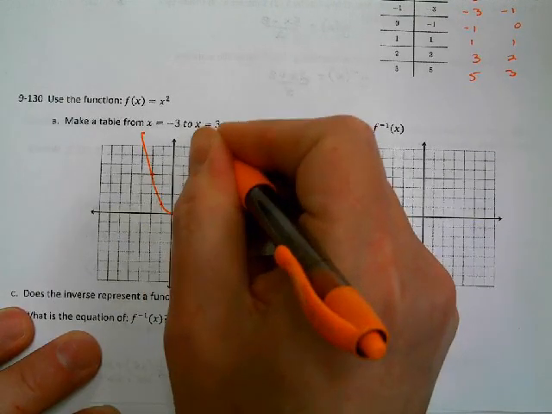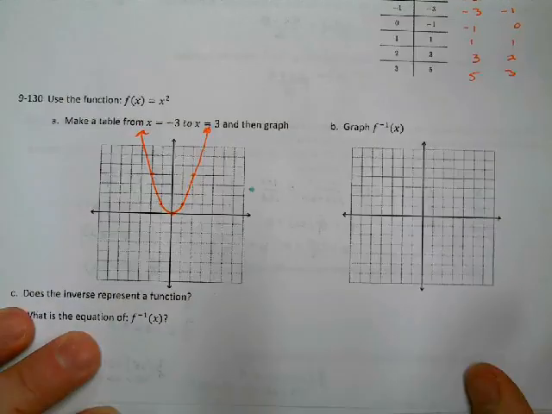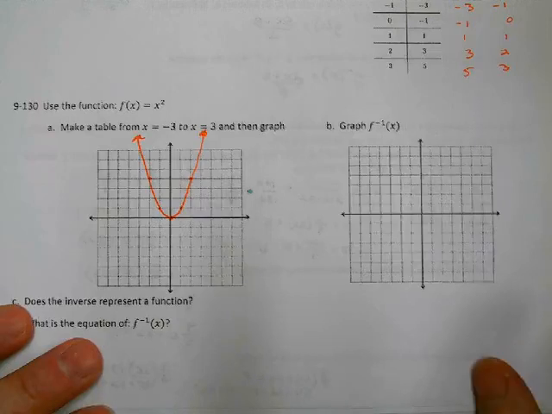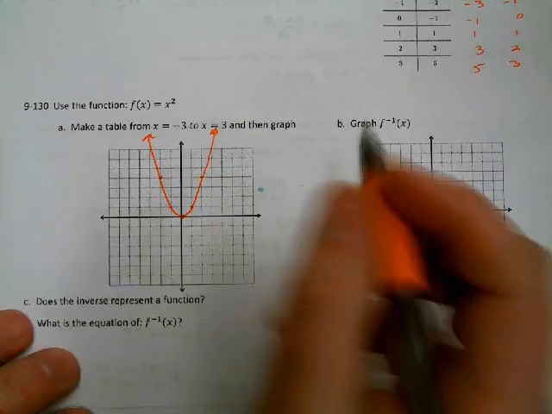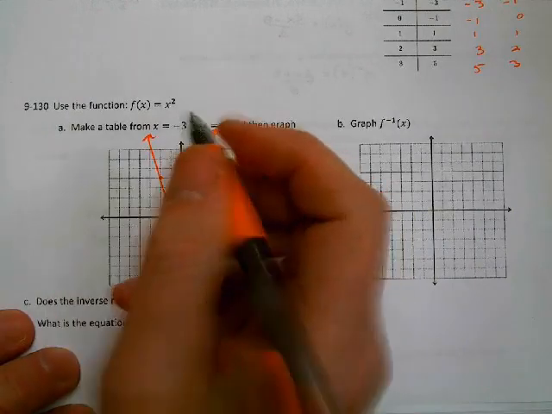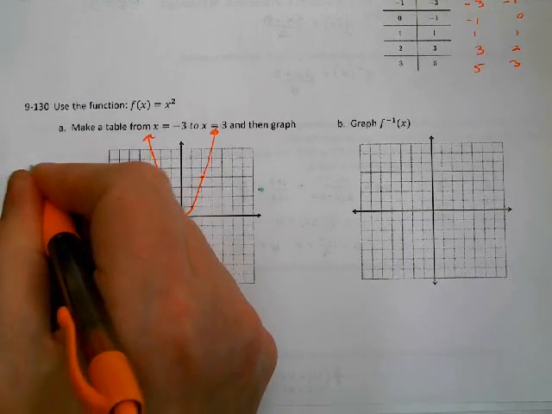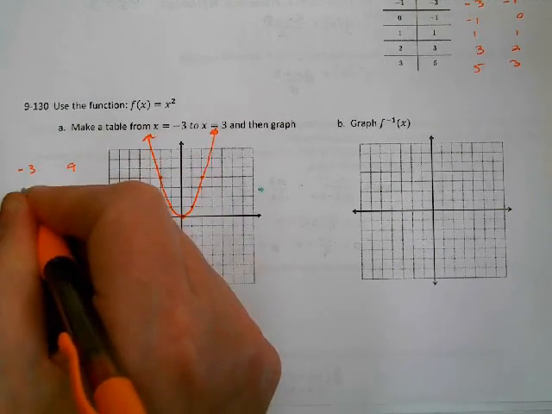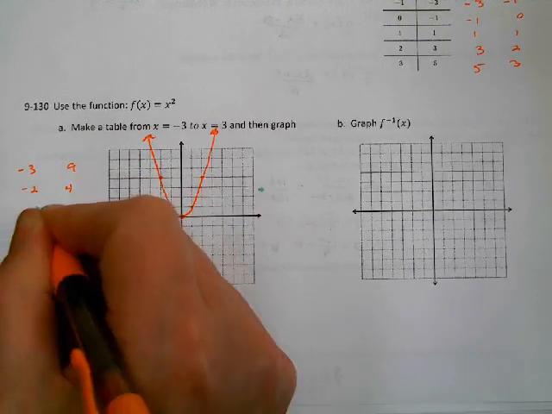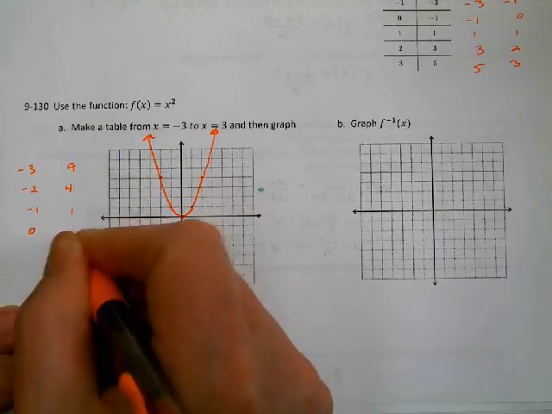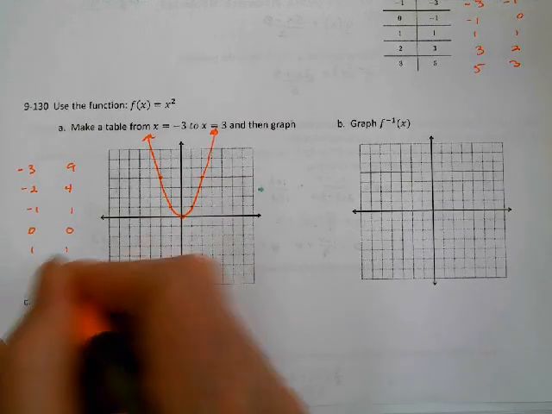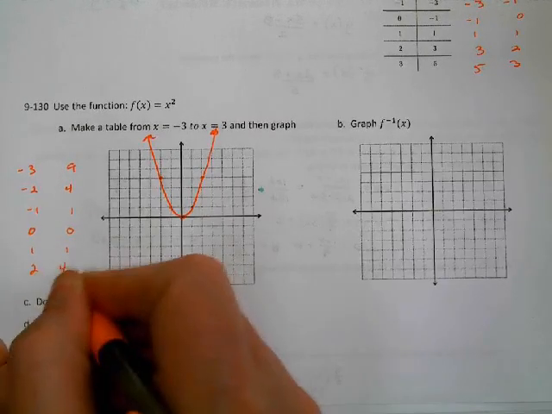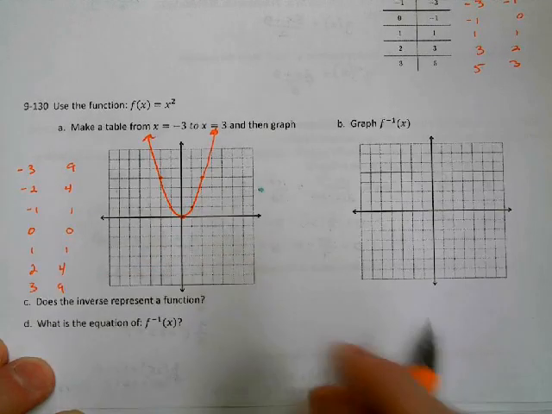All right, so if our input is -3, we would get 9. -2, we get 4. -1, we get 1. 0, we get 0. And if we plugged in 1, we get 1. 2, 4, 3, 9. Okay, we would switch this around. The 9's not going to fit, so let's just do from -2 to 4.